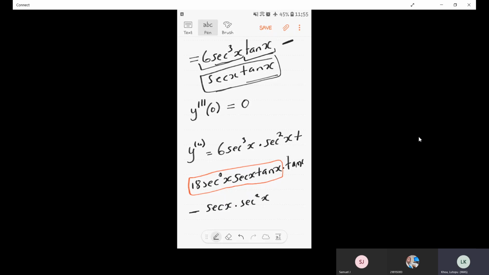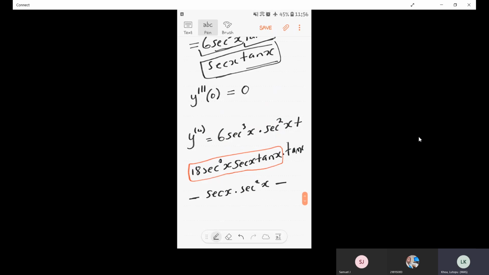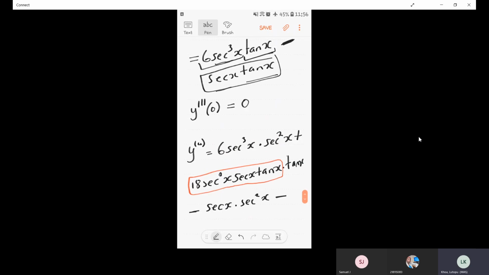And then instead of plus, I put minus because the negative over here multiplies with the plus that comes from the product rule. And then I have sec x tan x, which will stay as it is, and then I will multiply by the derivative of sec x, which is sec x tan x, like that.